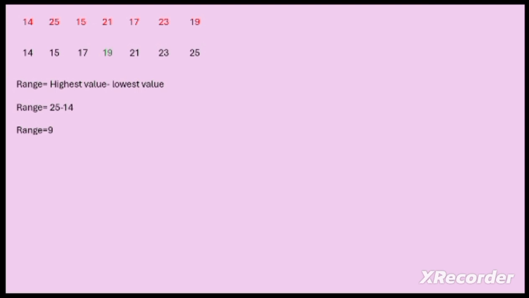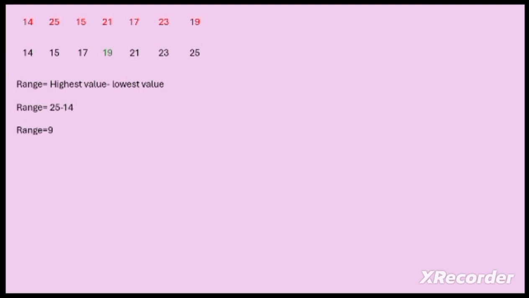I have highlighted the number 19 with the green color. The 3 entries on the left hand side are 14, 15 and 17, and the 3 entries on the right hand side are 21, 23 and 25.